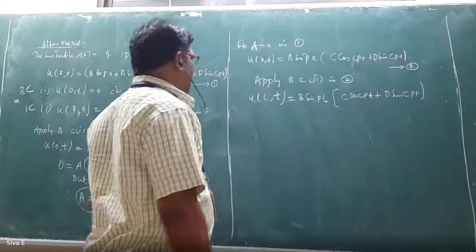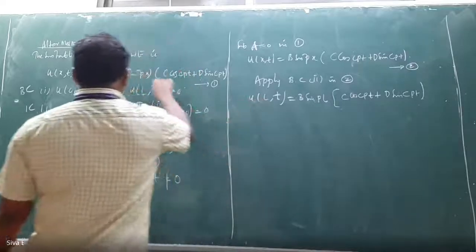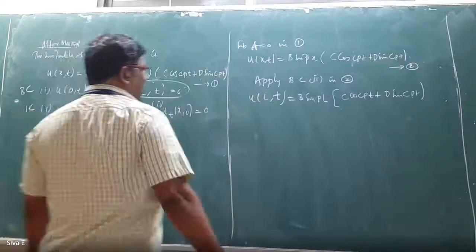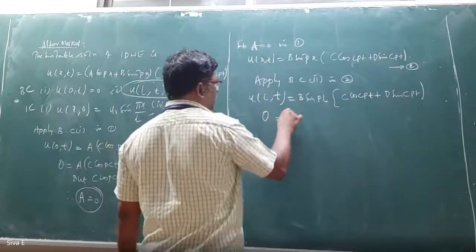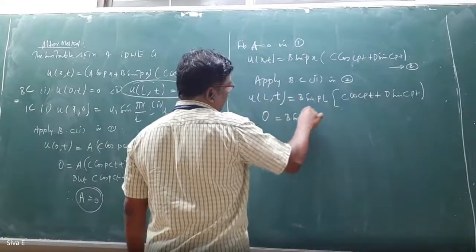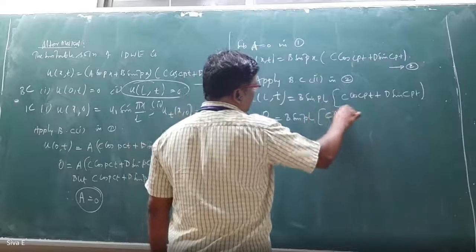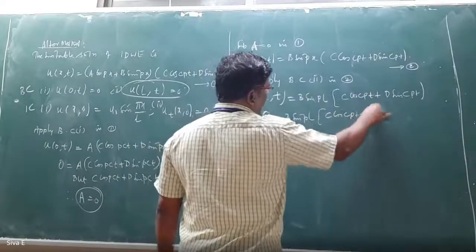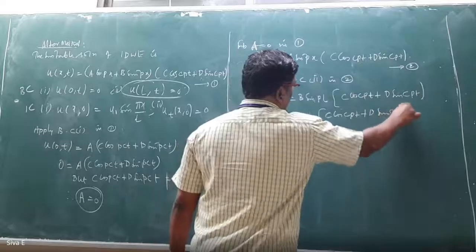Here also u(L, t) equal to 0, so B sin pL (C cos cpt plus D sin cpt) = 0.